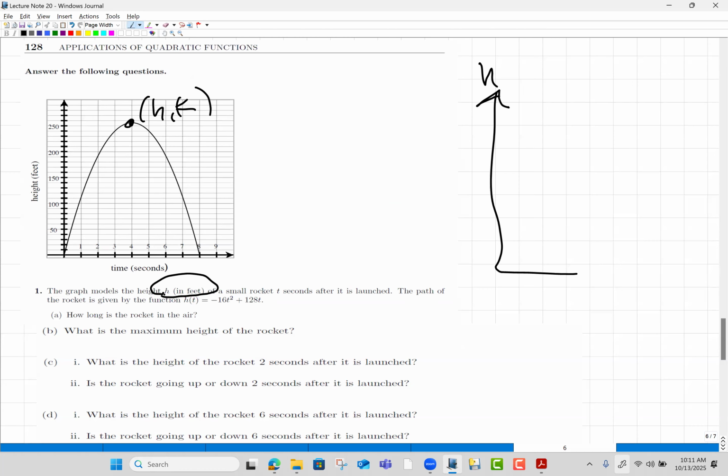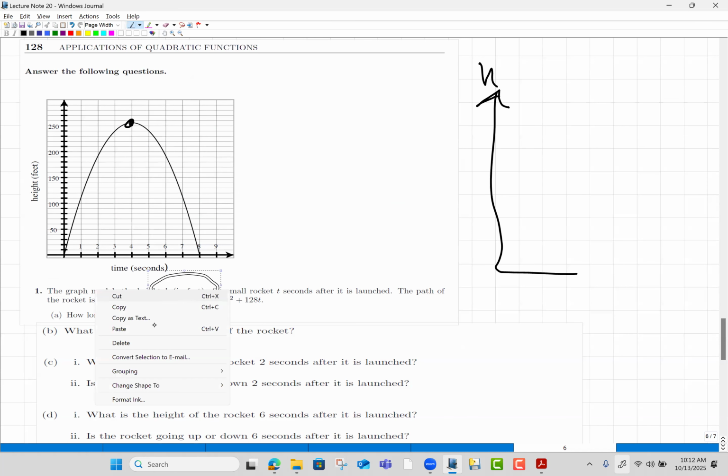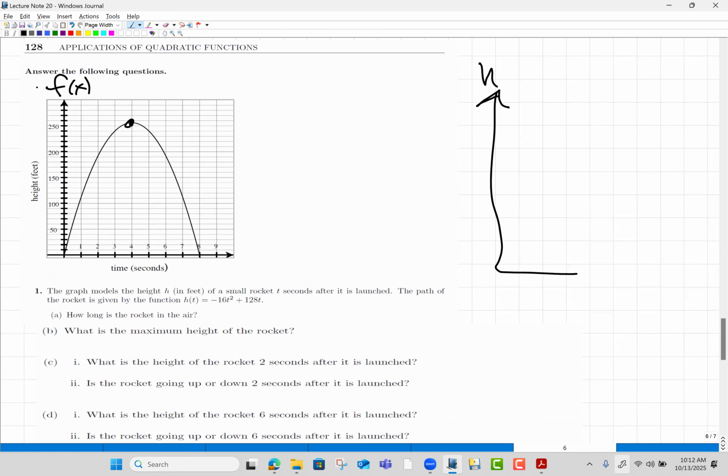So we're going to reuse that letter H. So here, instead of f of x being our y, this is going to be h of t. Dang it. So t is the name of our input because it's time, and the h is the name of the function. And we'll even use it for the name of the output if you wanted to, height. Now, the time it takes for an object to fall and hit the ground is a parabola.